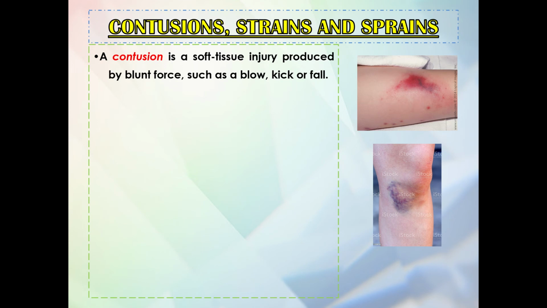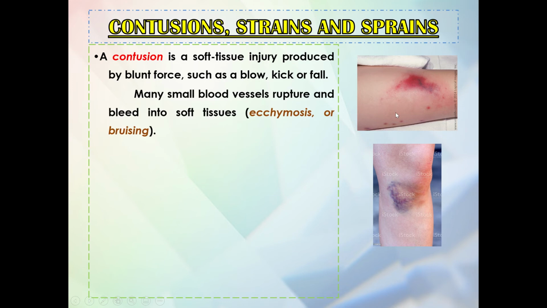So when we say contusion, it is a soft tissue injury that is produced by blunt force such as a blow, kick, or fall. So blunt force lang causing soft tissue injury such as this one, yung image na meron tayo. So many small blood vessels rupture and bleed into soft tissues.